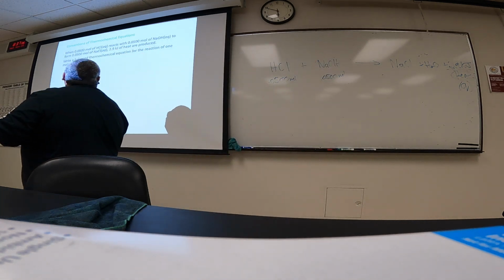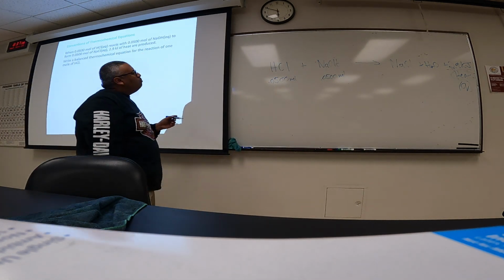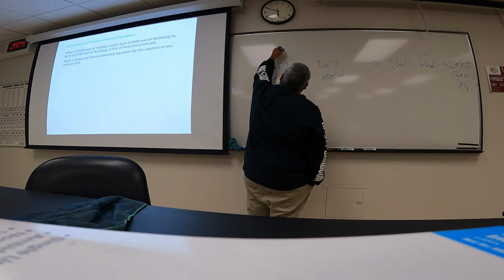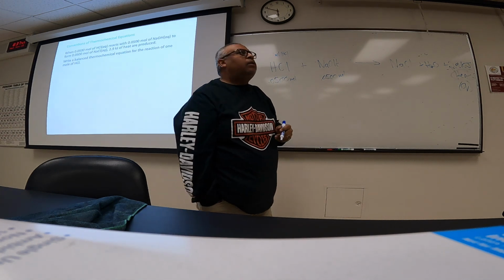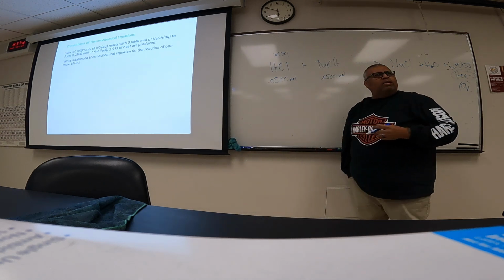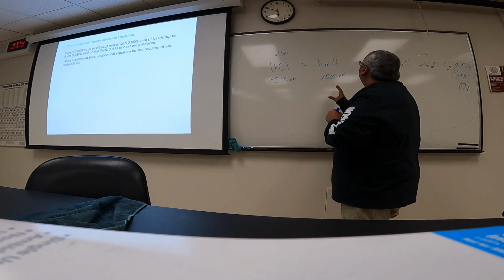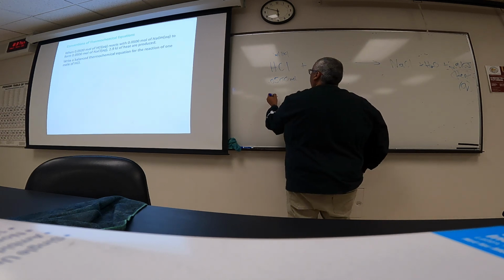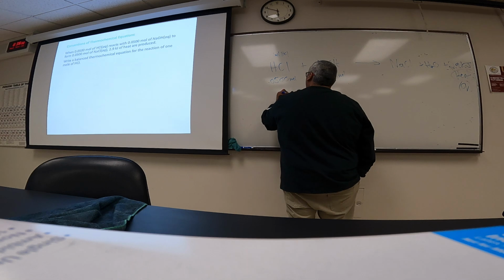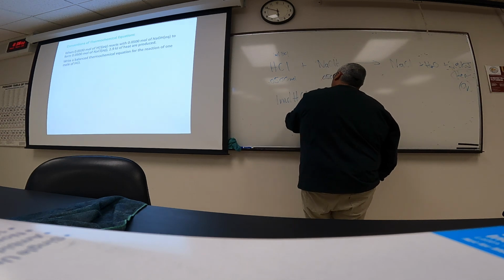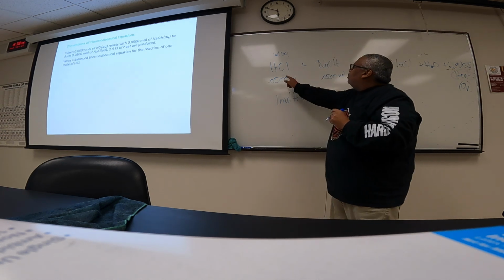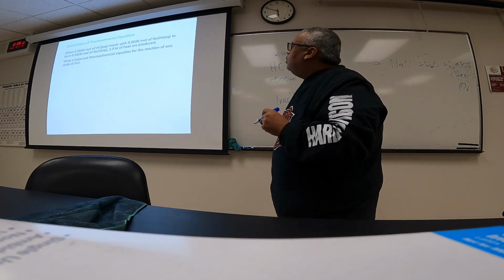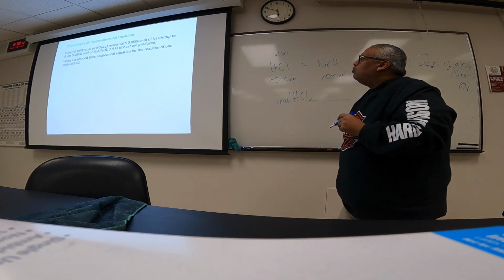So write a balanced thermochemical equation for the reaction of 1 mole. We want just 1 mole of HCl. The chemical equations aren't difficult to write. I think this sets us up pretty good. So for 1 mole of hydrochloric acid, we're going to use the stoichiometry here. We have 1 mole of this, and it wants the thermochemical equation for the reaction of 1 mole of this.